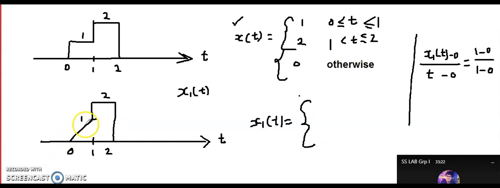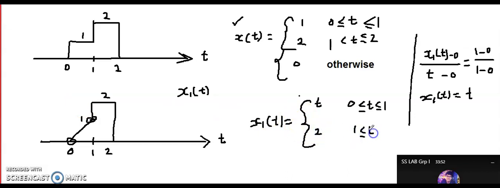These are the 2 points we have taken to find the expression for x1t. So x1t will be t when t is between 0 to 1, and it is 2 when it is between 1 to 2.